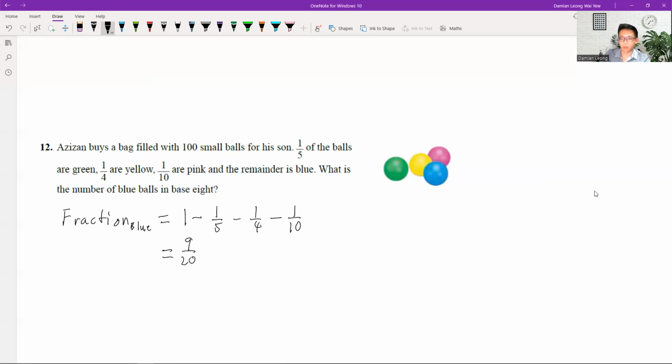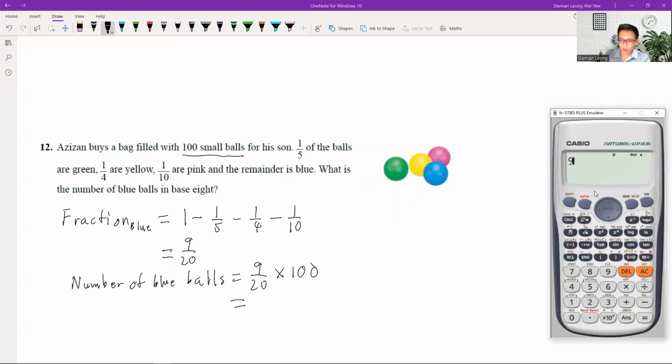Okay, so the number of blue balls will be 9/20 of the total number of balls, which is 100. It's given in the question here. So 9/20 times 100, which is 45.